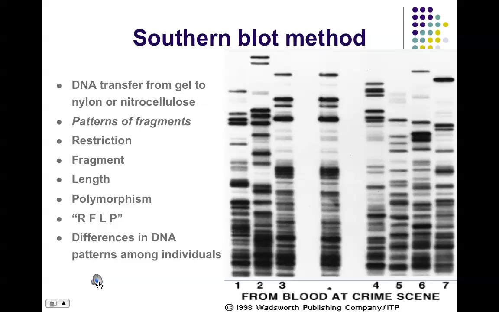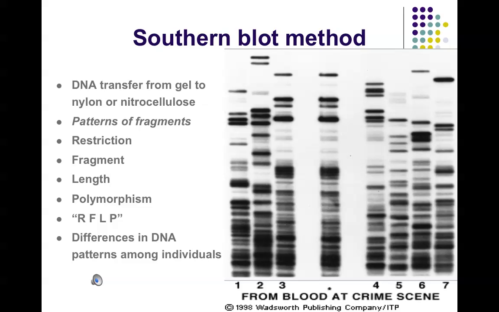Now, when we separate any kind of biological molecule in an electrophoresis procedure, especially DNA, the agarose gel is very delicate, easily torn apart, easily destroyed, and not very stable. Well, to get around that problem, a scientist by the name of Edwin Southern developed a better technique for capturing and retaining copies of the fragments that are generated during electrophoresis, especially of DNA.